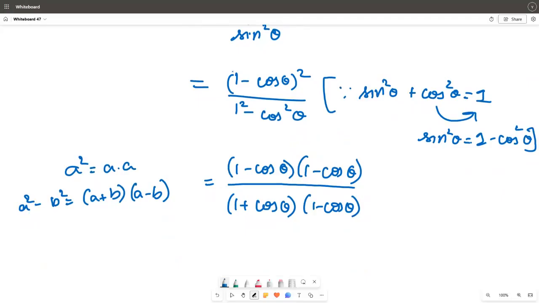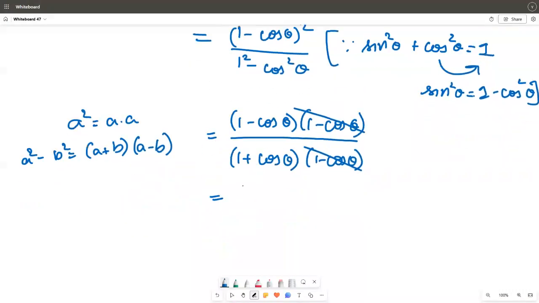In the denominator there is 1 minus cos square theta, and I wrote it as 1 square minus cos square theta, so that I can factor it as (1 plus cos theta) into (1 minus cos theta) by the a square minus b square formula, a plus b into a minus b. The (1 minus cos theta) in the numerator and denominator will get cancelled, and eventually we got (1 minus cos theta) by (1 plus cos theta), which is actually the RHS given in the question.